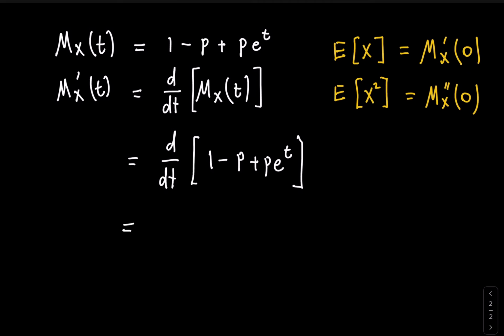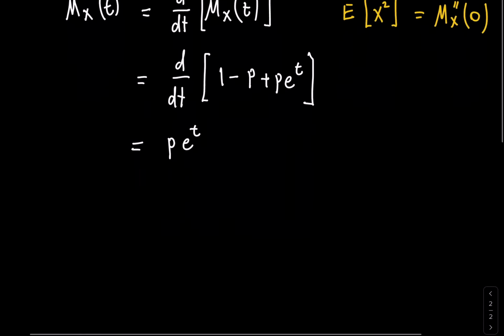This is a fairly simple expression to calculate, because we have nothing dependent on t in the first part, so they're effectively constants. They become 0 when differentiated. And over here we have p e to the t, and we know that the derivative of e to the t is just itself. So eventually this just becomes p e to the t.